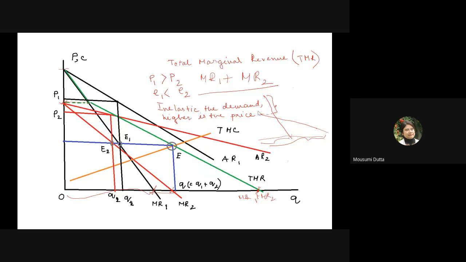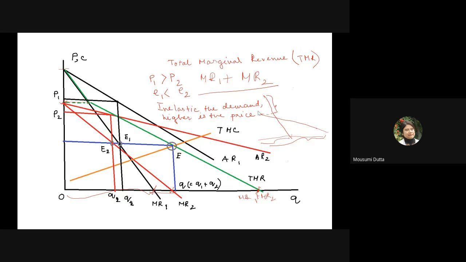Inelastic demand means as price changes, there will not be much change in the demand pattern because the commodity is essential to you. Whereas comparatively elastic demand means you have some substitutes or because of any reason that commodity is not that essential to you. So when price increases, there will be much change in demand pattern.